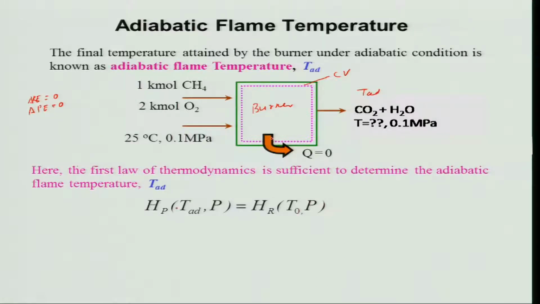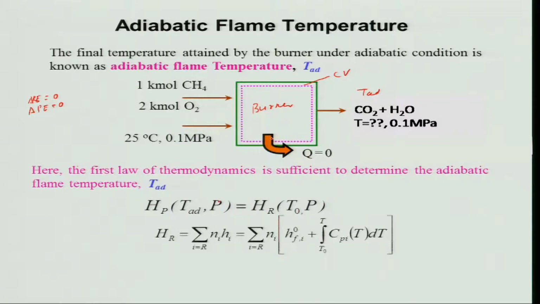Therefore, the product enthalpy will be a function of adiabatic temperature and pressure. Of course, I am assuming the pressure to be the same as that of the inlet. Can I assume that, or will it be changing? The pressure will remain almost constant, because this is a constant pressure process we are assuming.